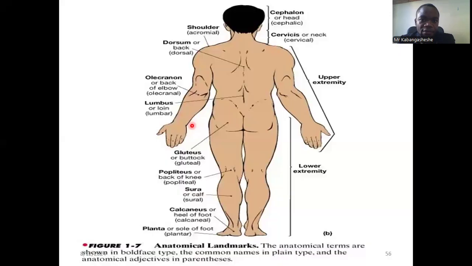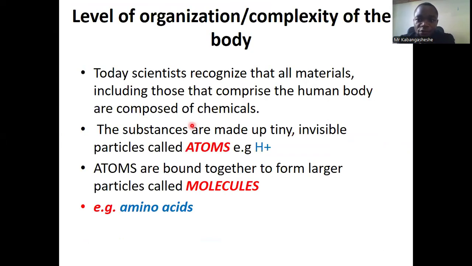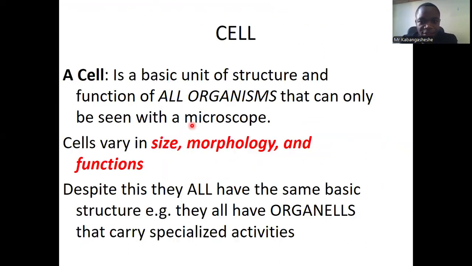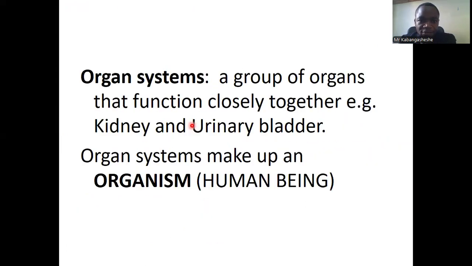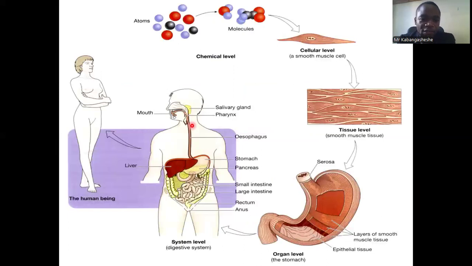Okay. That being said, we can look at some level of body organization. Again, I'll use a diagram to help me run through this quickly. So I'll start with the smallest level of organization. The smallest level of organization we consider for the human being are atoms. So we have various atoms that when combined via different types of bonds, it could be covalent, it could be hydrophobic, it could be electrostatic, and all sorts of bonds that you know in chemistry.